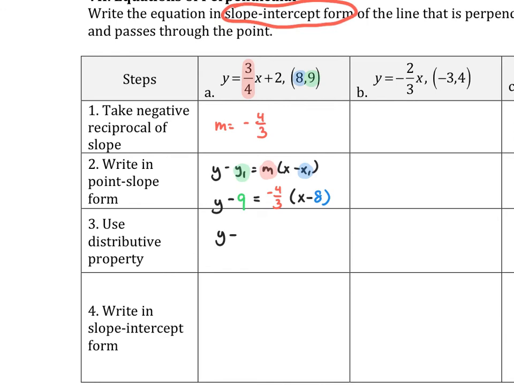But we do have to continue because we're going to put it in slope-intercept form. So I'm going to distribute the negative 4/3, double negative there, and 8 times 4 is 32, and the 3 stays on the bottom. Okay, now the last thing we have to do is I'm going to add 9 here, but I'm also going to add 9 there. Now, why am I ghosting it like this?